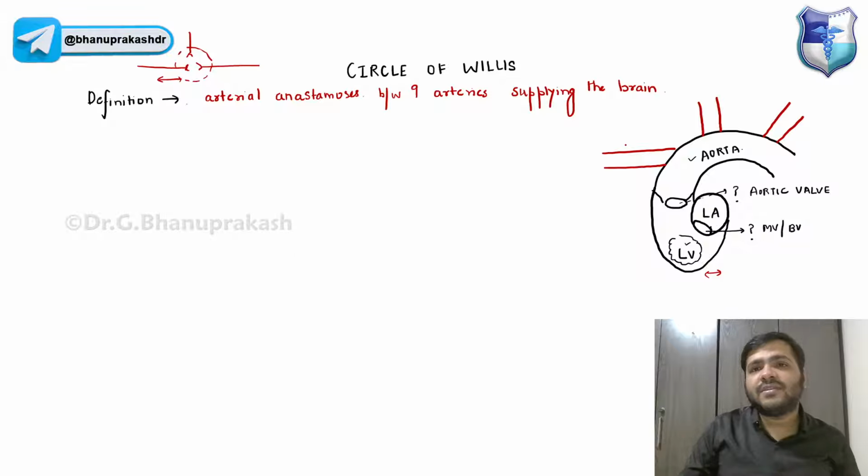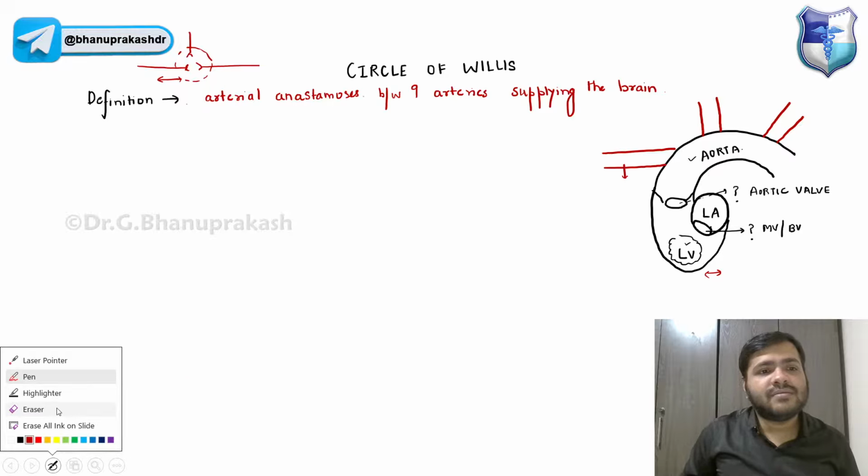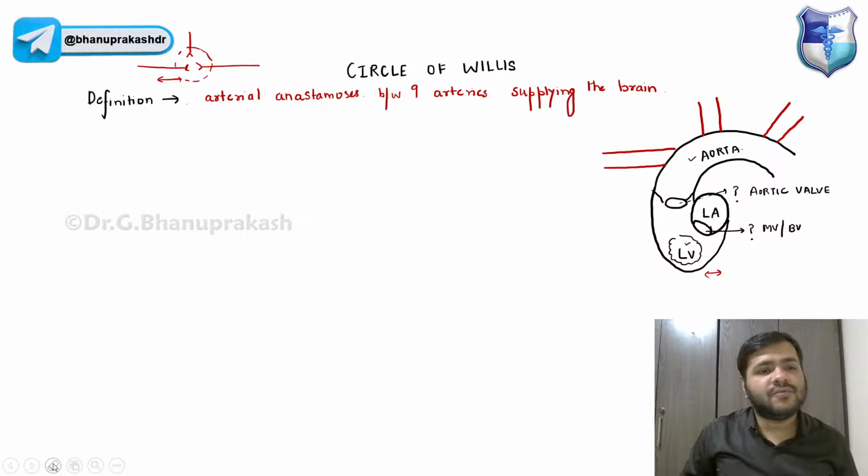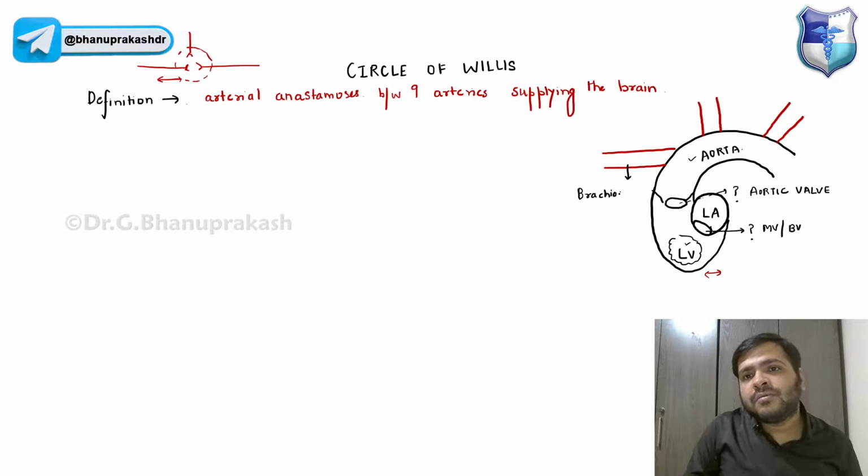The first branch, which Ram has already told, guys, you already know. Let me take another pen so that you don't get confused. On the right side, we have the brachiocephalic trunk.